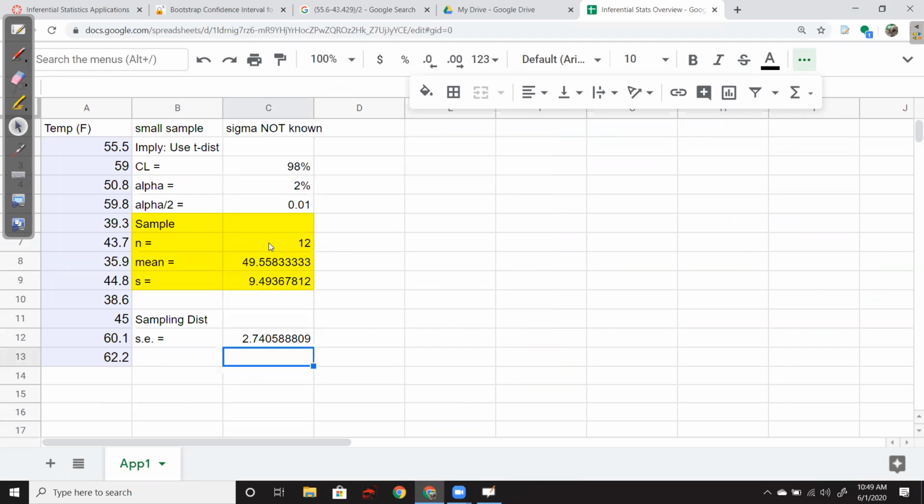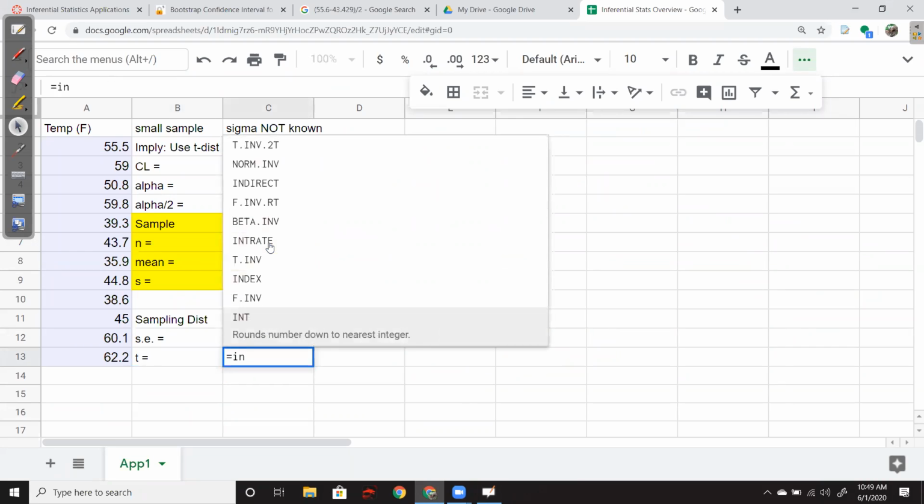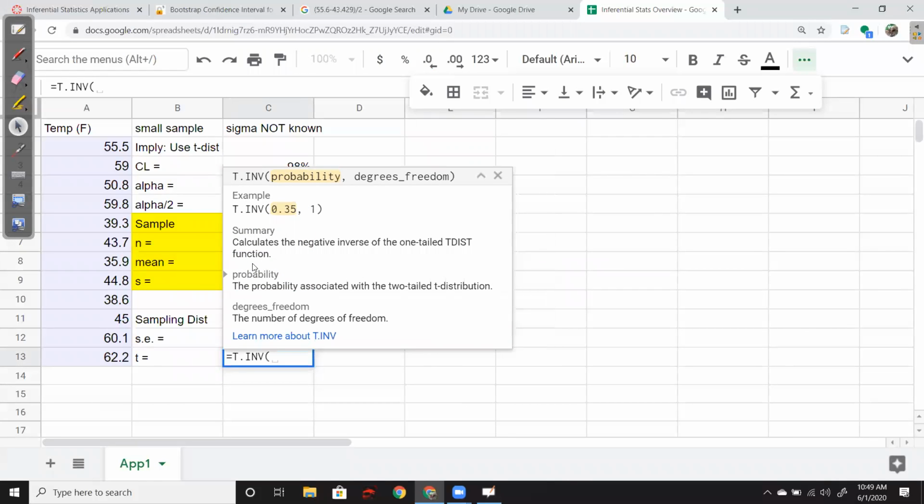And then I need to know the appropriate t-score. I believe that's, let's see, t dot inverse. Okay, that's the one I want right there, I think. It's not giving me the description of it. There we go. Calculates the negative inverse one-tailed t-dist. Yes, that is what I want, one-tailed.